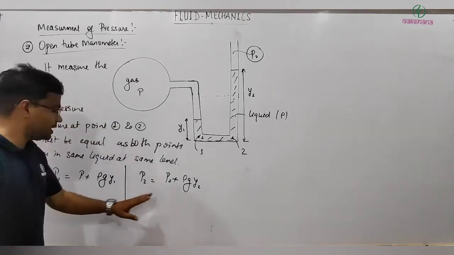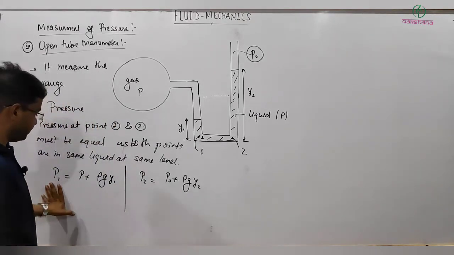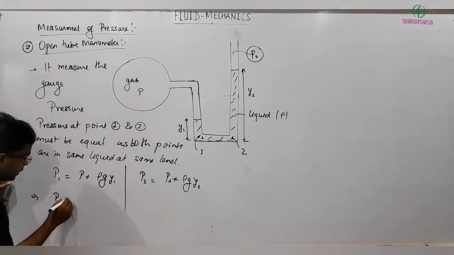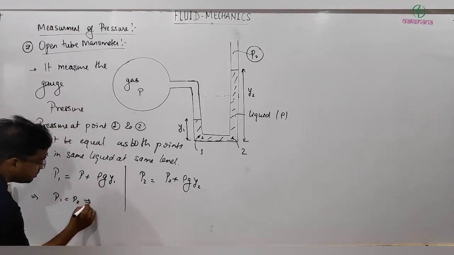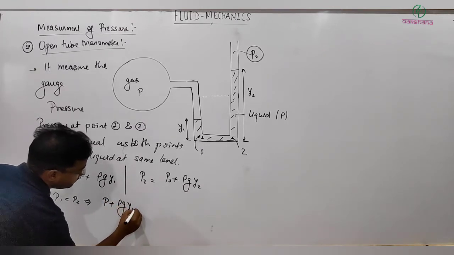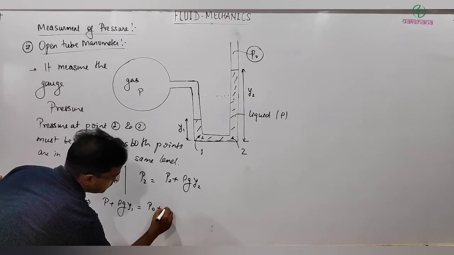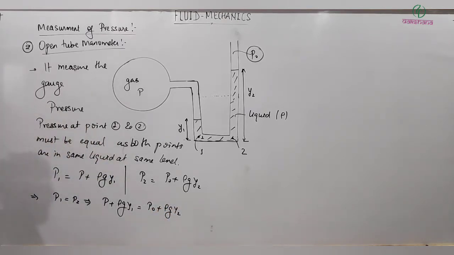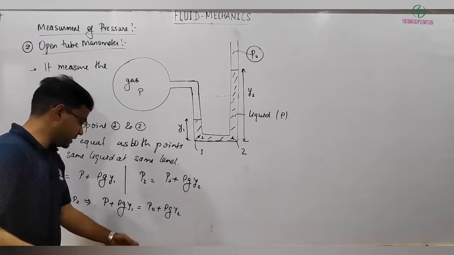Now just equating these two, since we need P: as P1 equals P2, P plus rho g y1 should be equal to P naught plus rho g y2. Is it clear?